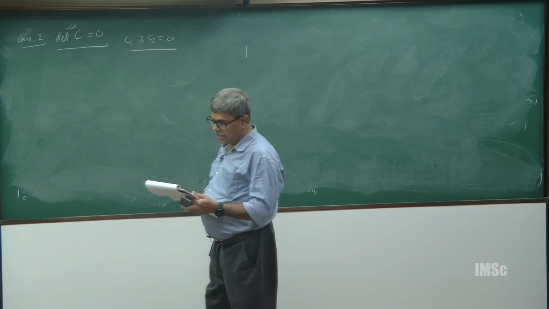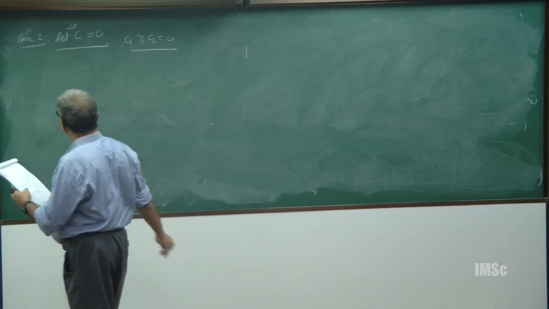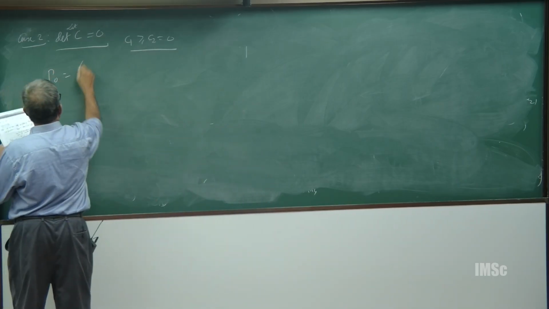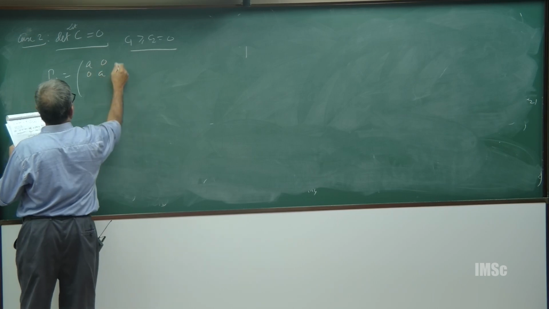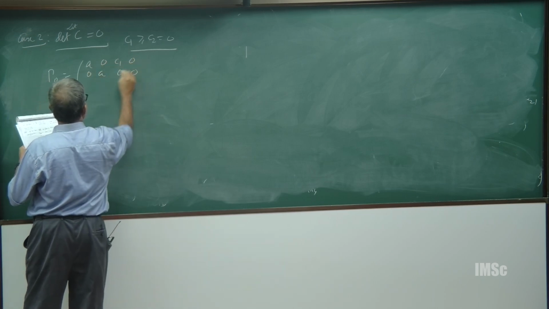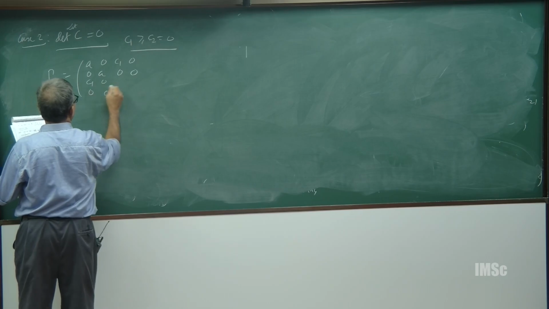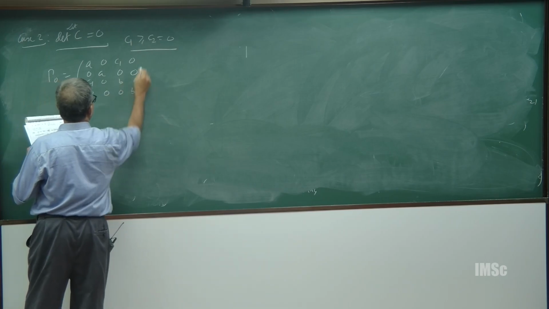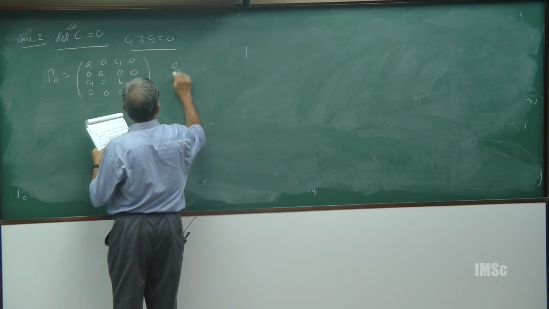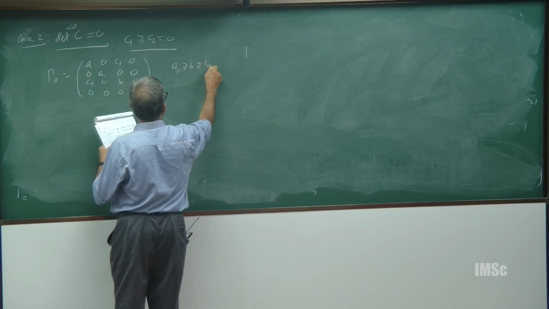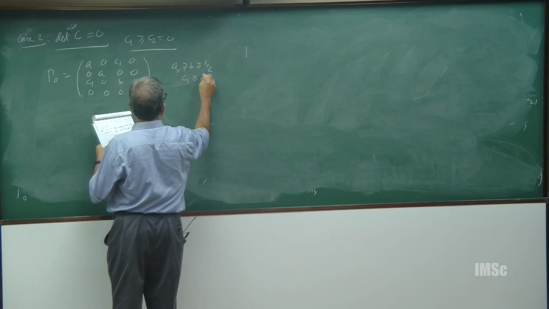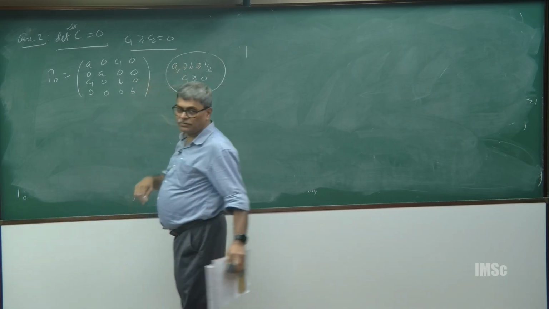Okay. And then what you can do, so therefore, your gamma 0 is A 0 0 A, C1 0 0 0, C1 0 0 0, B 0 0 B, of course, your A greater than equal to B greater than equal to half and C greater than equal to 0, that is of course true.